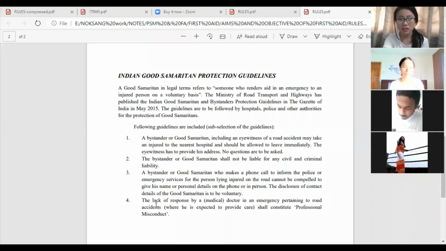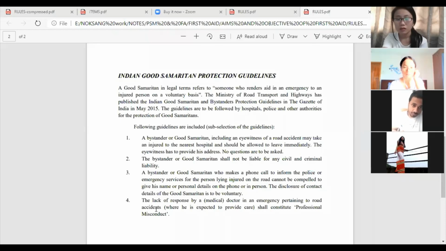The fourth point is that the lack of response by a medical doctor in an emergency pertaining to road accidents, where he is expected to provide care, shall constitute professional misconduct. If the doctors or the nurses did not pay proper care to the patient, who was brought to the OPD, and there was no proper care for him, then the responsible doctor will have to face civil and criminal liability.